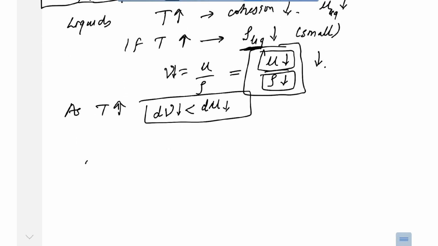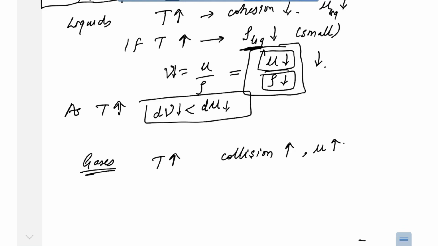Whereas in gases, there is no cohesion, and the basic reason of viscosity in gases was collision, and as temperature increases, the rate of collision will also increase. So as collision is increasing, the value of mu will also increase.